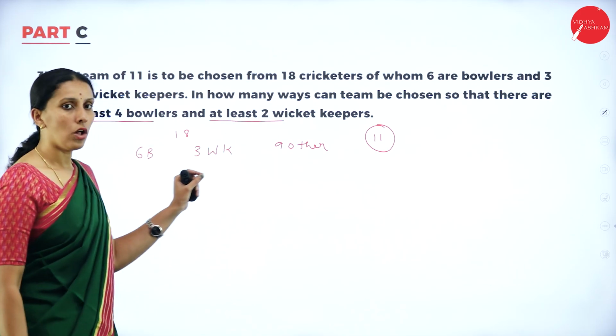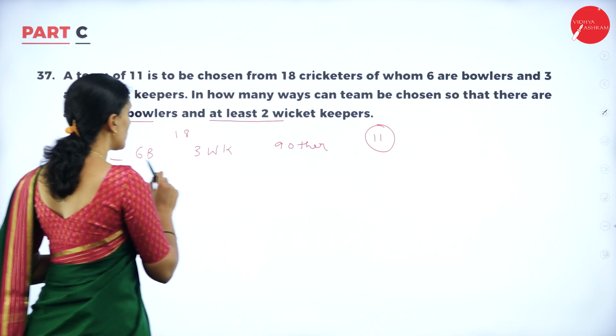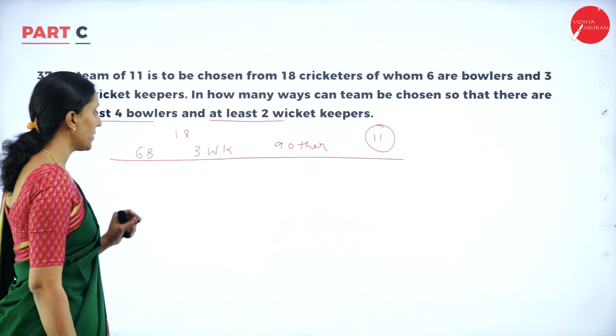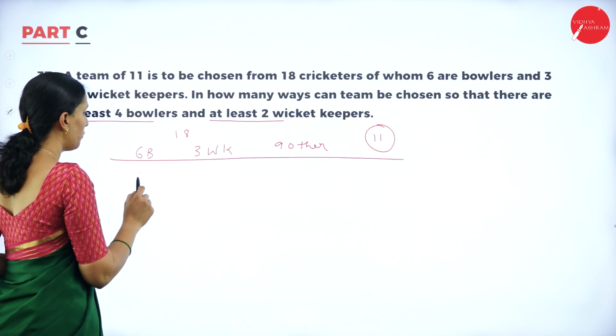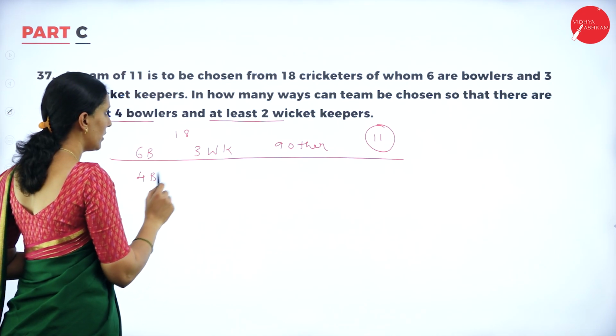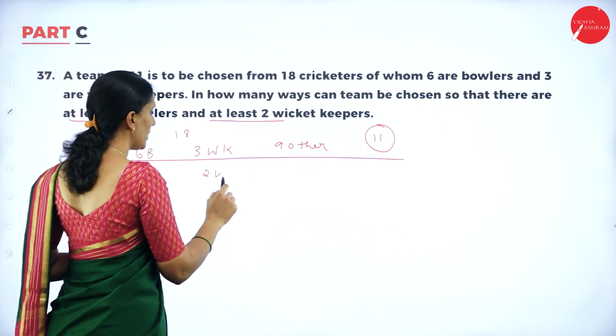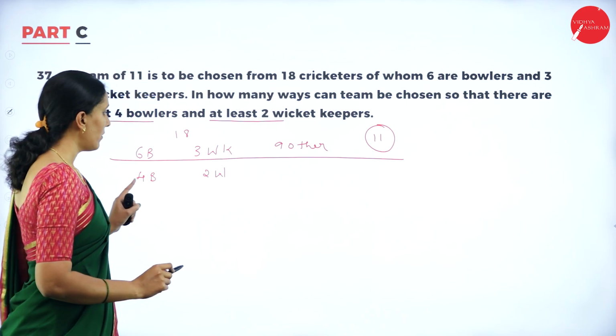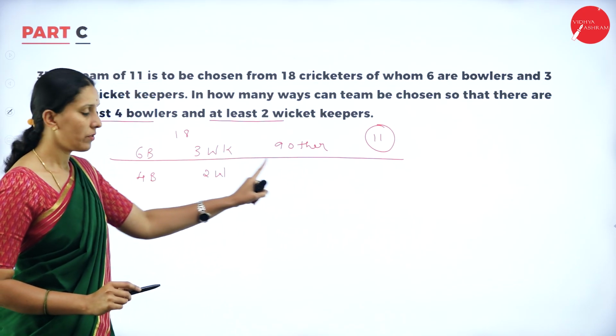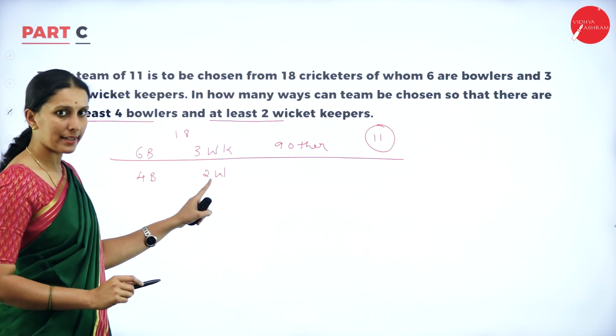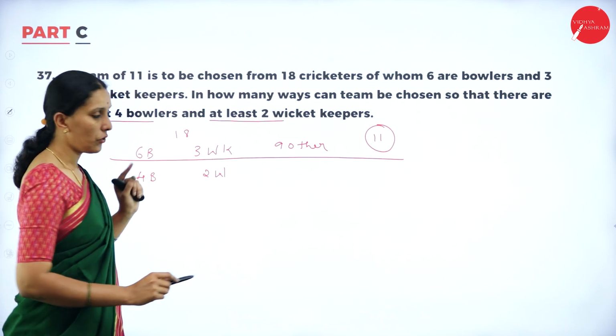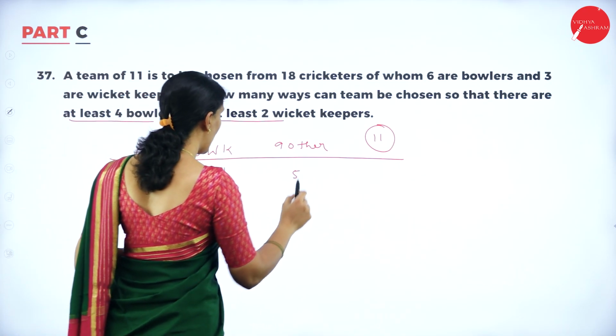So let us take all the possibilities now. So these are the total numbers we have. Now suppose I take 4 bowlers and 2 wicket keepers here. Then the remaining members have to be chosen from the others. So 4 plus 2 is 6. We need to form 11. So 5 have to be chosen from the others.